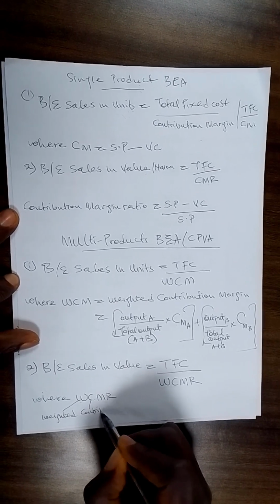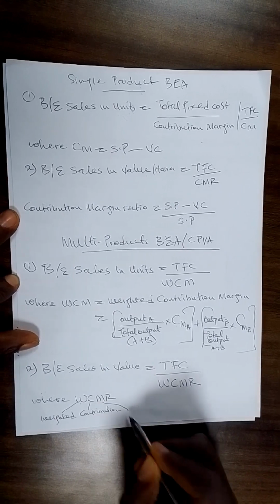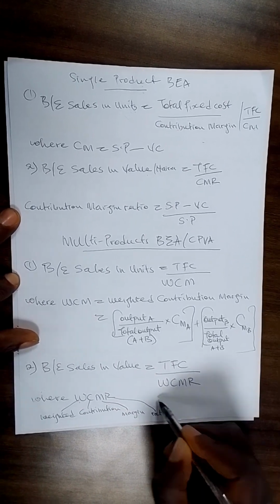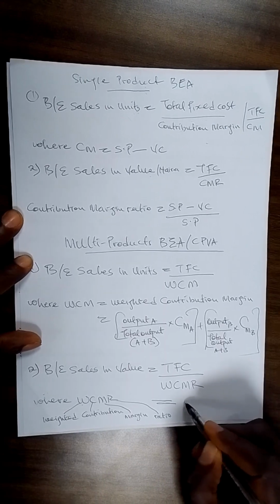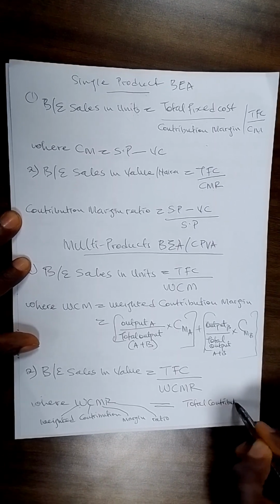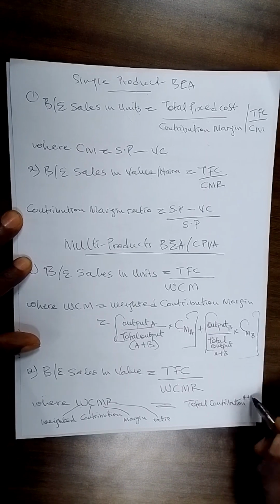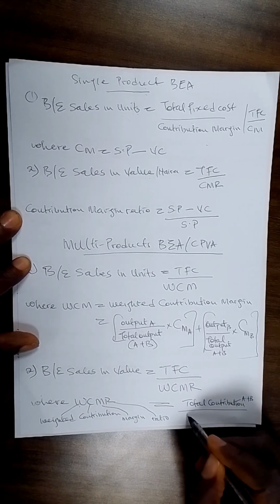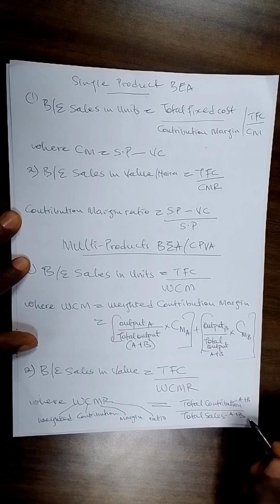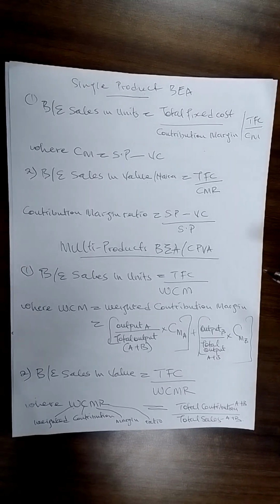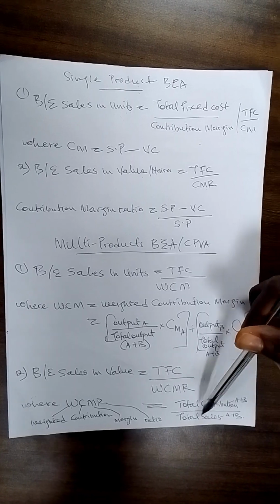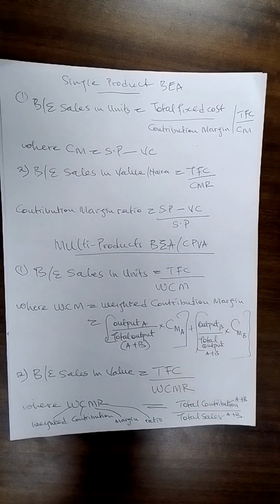It is computed by looking at the total contribution of A and B all over the total sales of A and B. This is the formula that will be used to compute the WCMR.